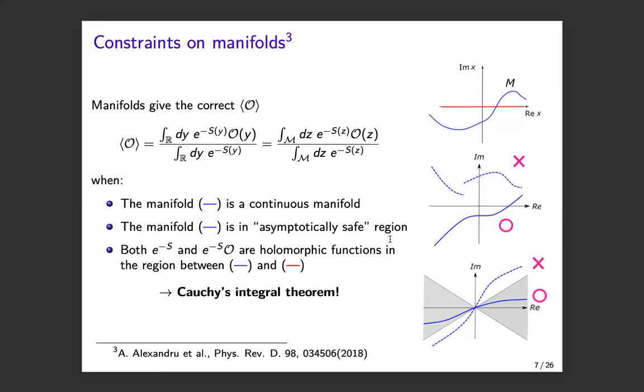And third, I need both the e to the minus S and this e to the minus S times O to be holomorphic functions everywhere in this region between this real axis and this contour. And when those three conditions are met, Cauchy's integral theorem guarantees that you'll get the same expectation value from both the real axis and this deformed contour.